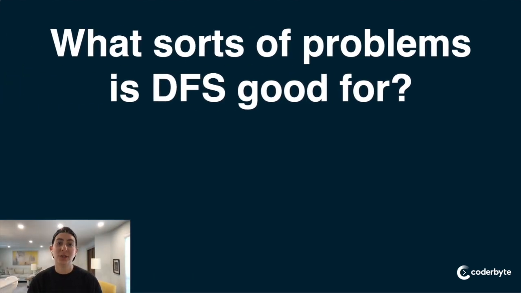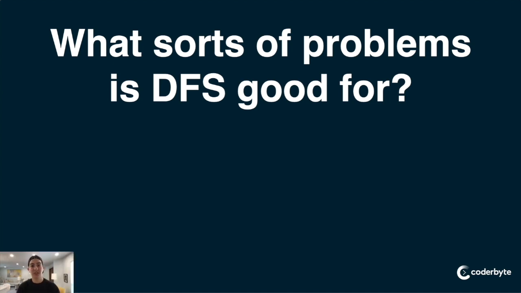So what kinds of interview questions is depth-first search good for? One of the things that it can help you with is to detect a cycle in a graph. I visualize this kind of as a yo-yo. I don't know if anyone else will understand at all what I mean. But basically, when you're traversing down into a graph and you're going down a branch, right?